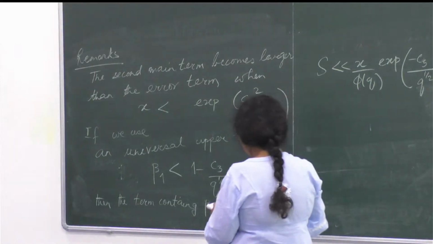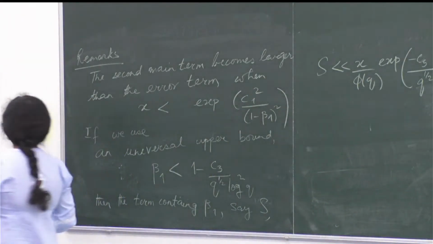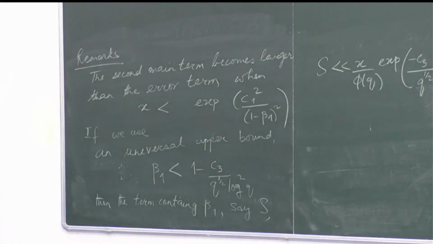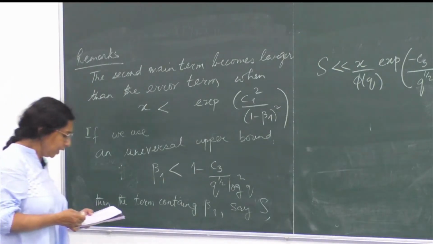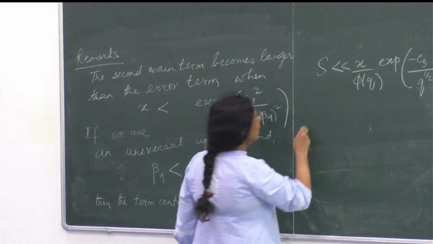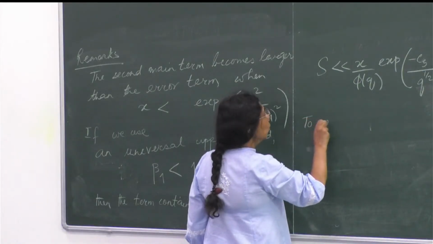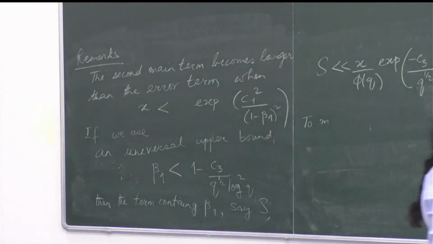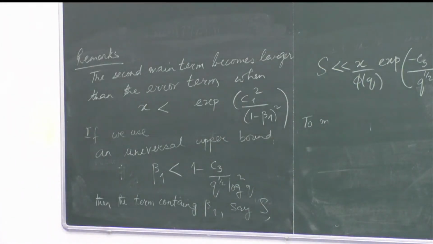All right. Now, this one you want to be big enough, okay? So you need the condition. As I said, you want your second main term to be not big, so that this is really an error term, okay?